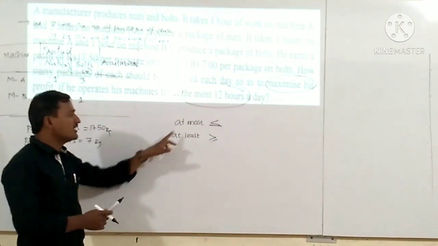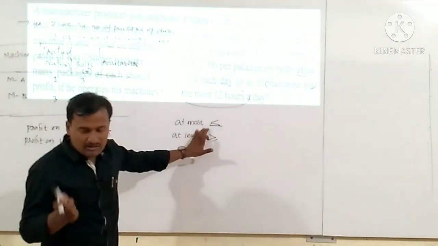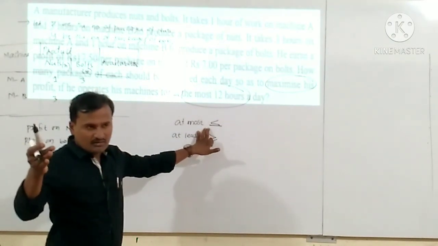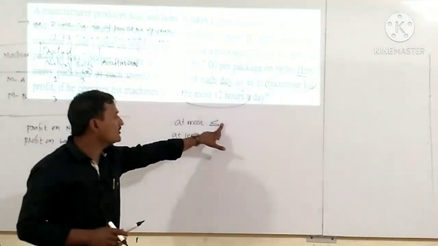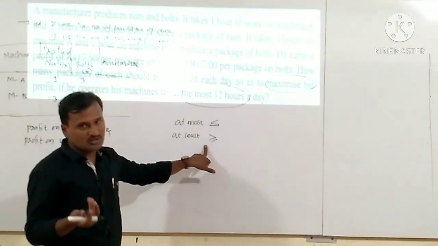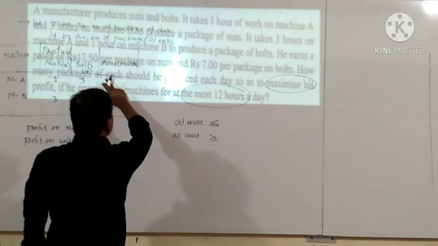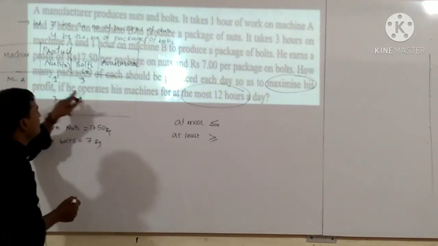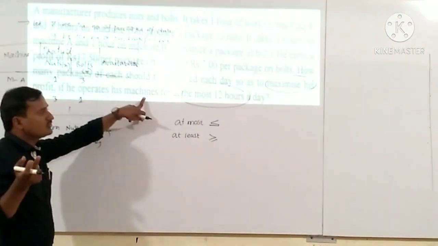For example, at most 10. What is the meaning of at most 10? At most 10 means maximum 10, and we will take below the 10 also. Hence at most means less than or equal to, at least means more than or equal to. How many of each should be produced so as to maximize his profit if he operates his machines at most 12 hours.